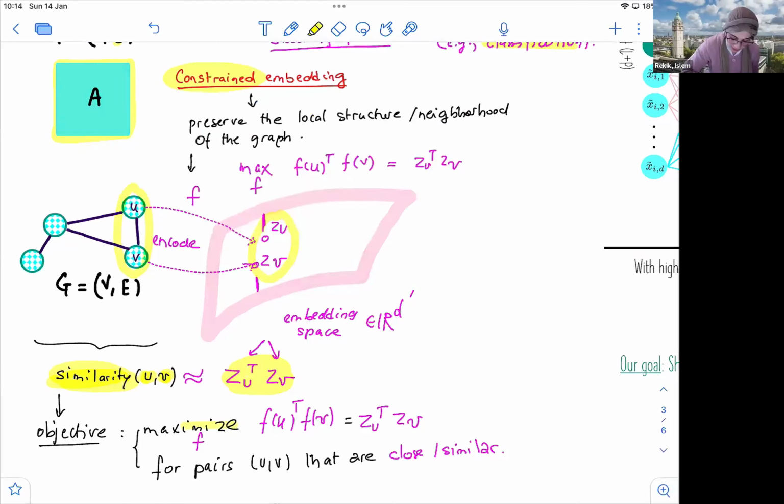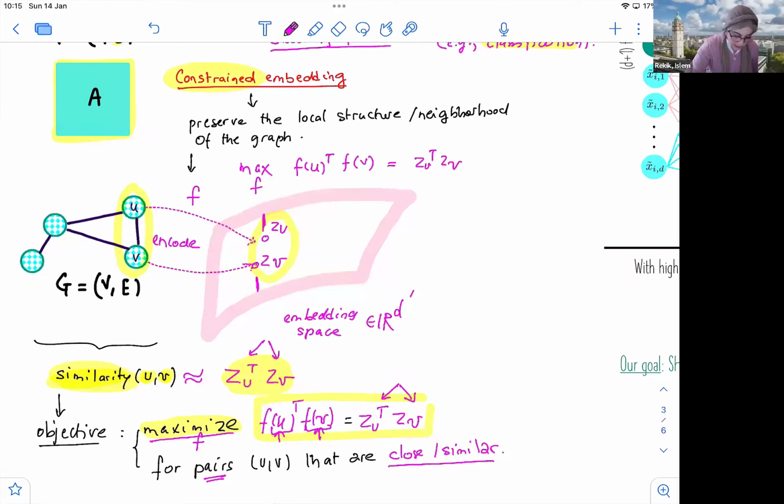So basically, we want to maximize this loss. We want to maximize the dot product, or the similarity, between the embeddings, the mapped, transformed, encoded pairs of nodes. And this maximization is valid only for pairs that are close or similar in the original A matrix or the graph, okay?